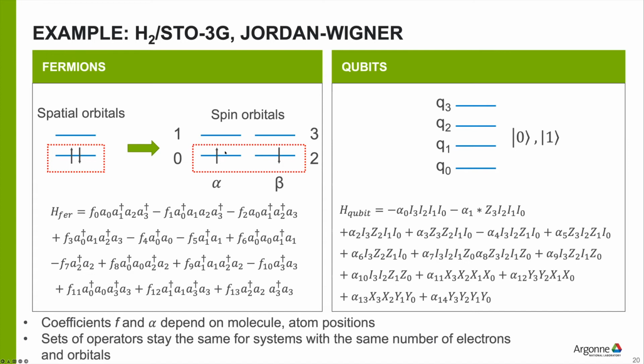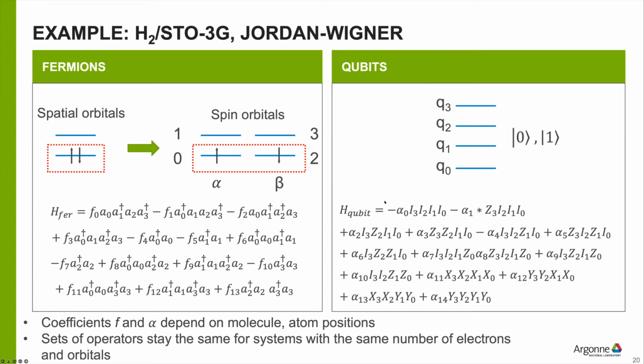But here it's more convenient to work with spin orbitals, where you can have one electron on one spin orbital. It is easier to map onto qubits, because one qubit can only have 0 or 1. So this first term is the double excitation that I was talking about.